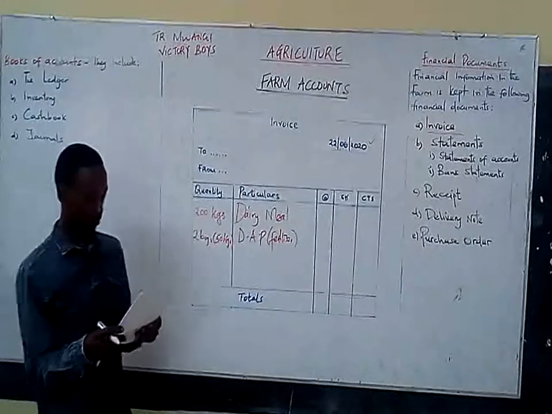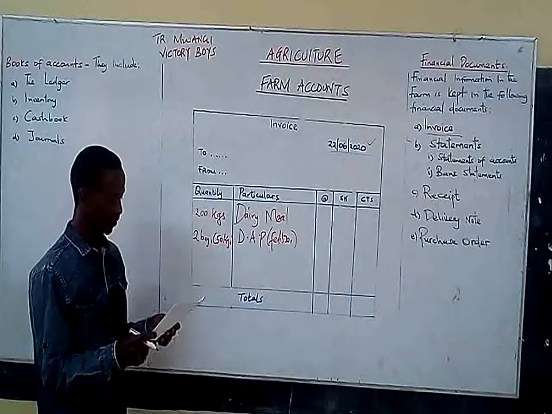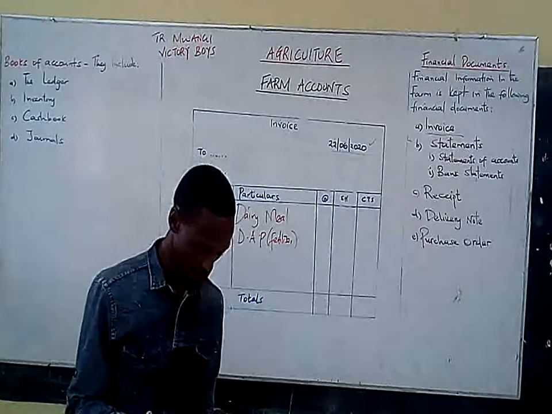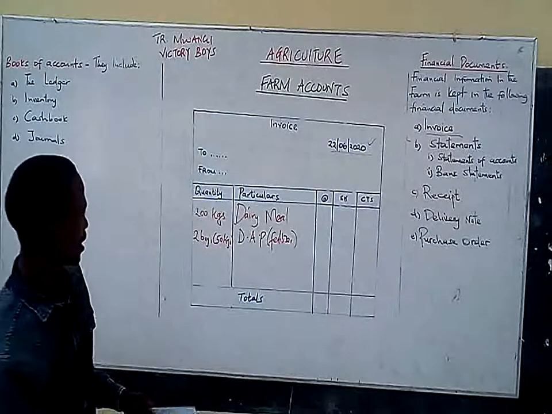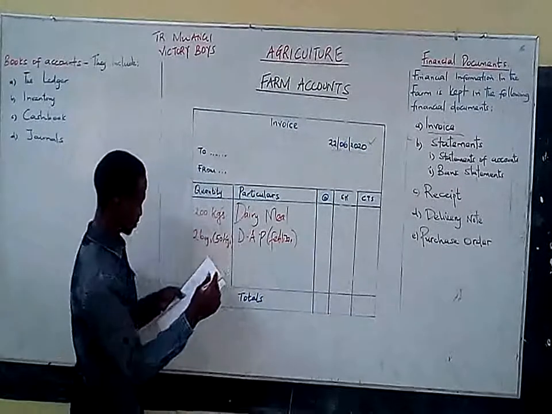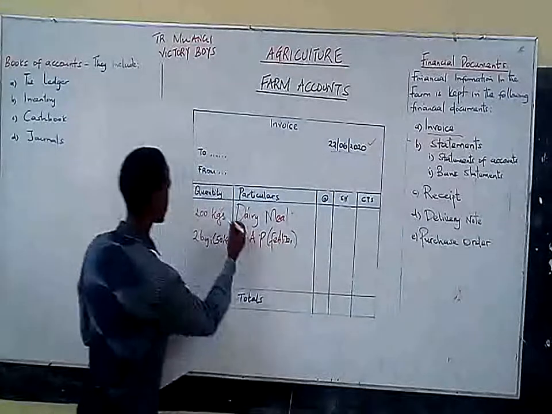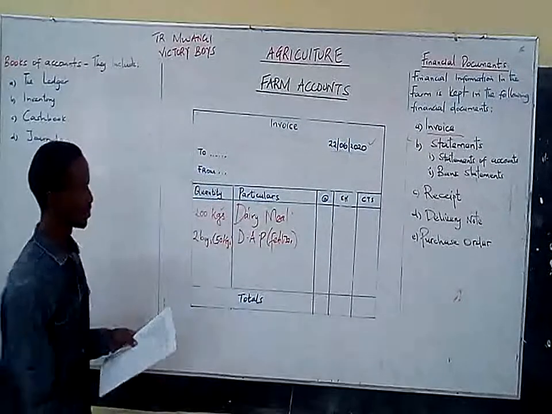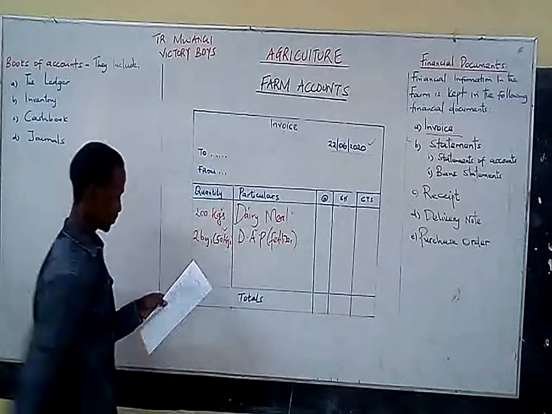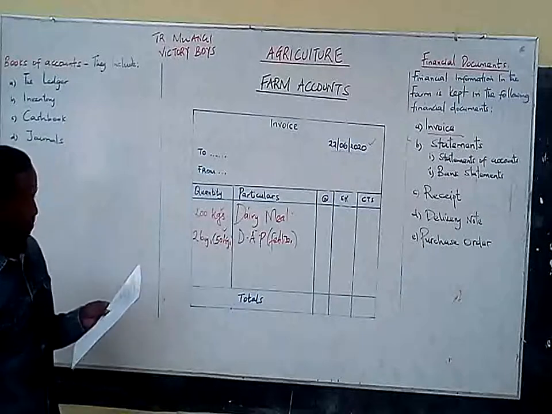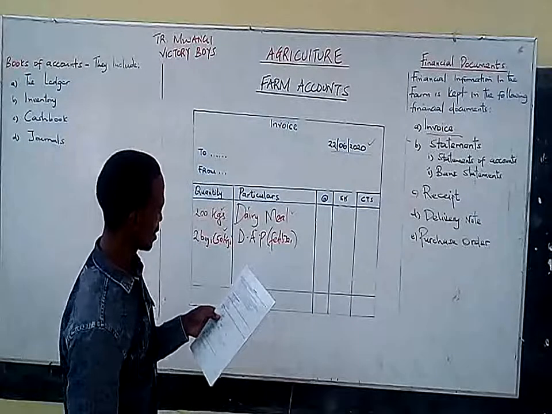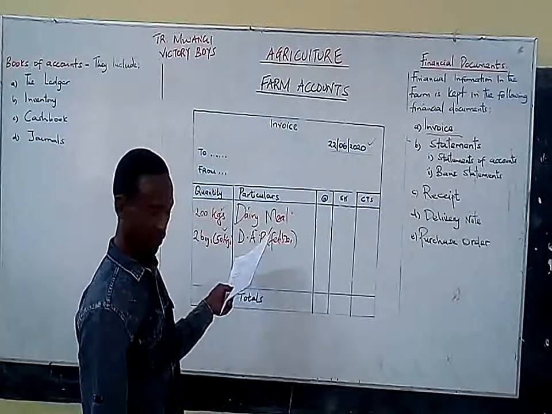Then number 3, under the invoice, it contains the quantity of goods which are bought. So when we say we have the type of goods, then on this column here we have the quantity of goods which are bought. Then number 4, it contains the price per unit of these goods.